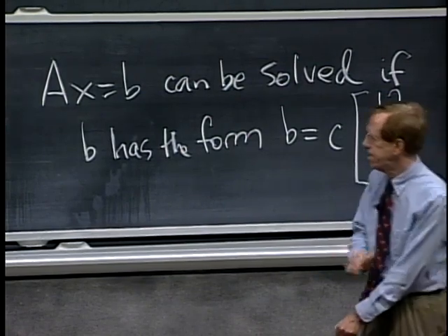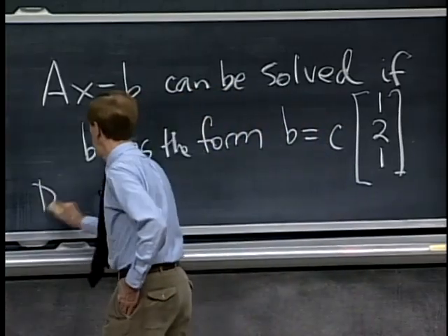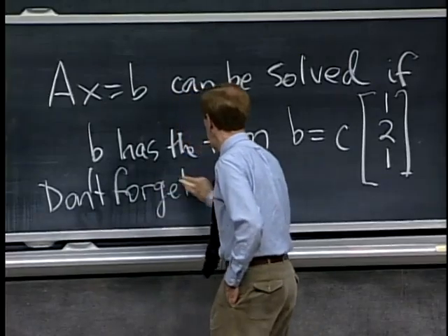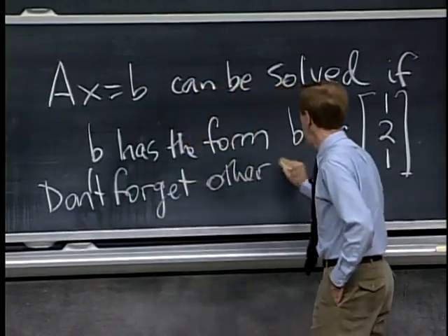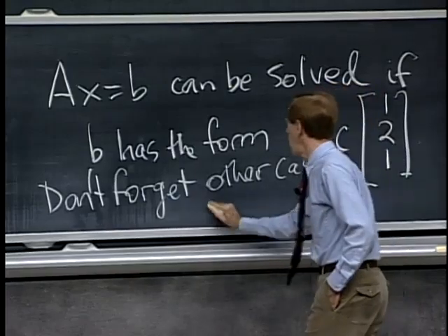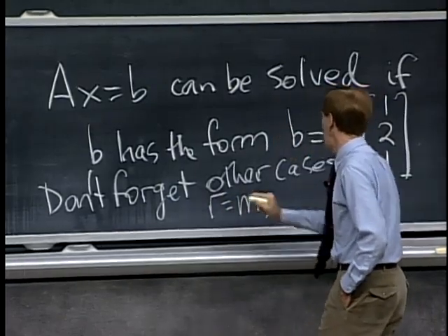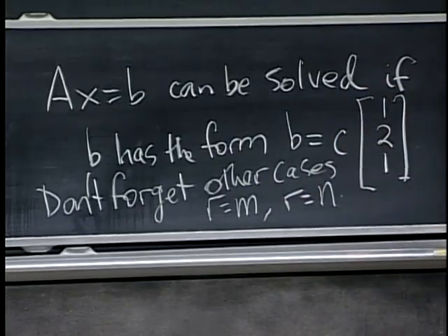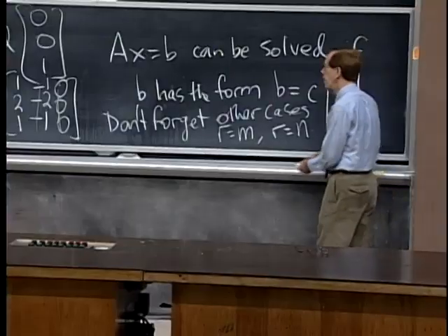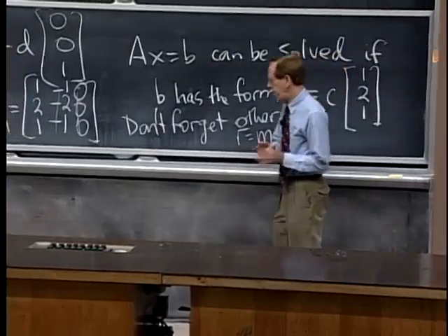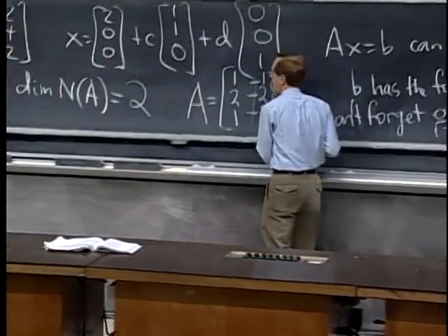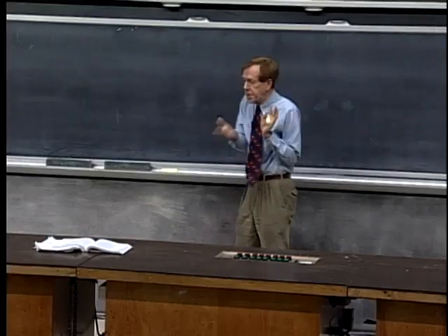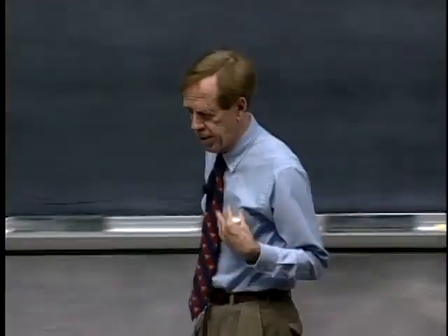Don't forget the other cases when R is as big as it can be, R equal M or R equal N. Those we had a full lecture on, full rank, an important case. Okay. I'll just move on. I think this is the best type of review. It just brings these ideas out.